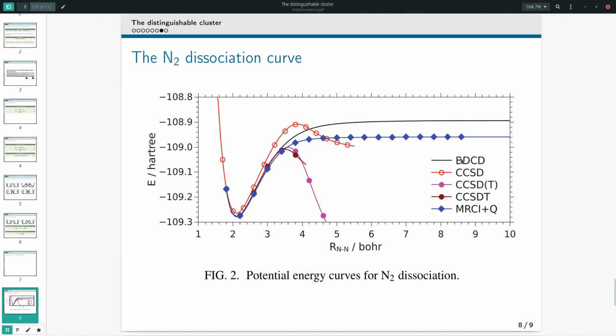We can see that with Brueckner, distinguishable cluster double gives a qualitatively good result for this dissociation. They show other examples like the H4 molecule, and it is good also qualitatively in those models.